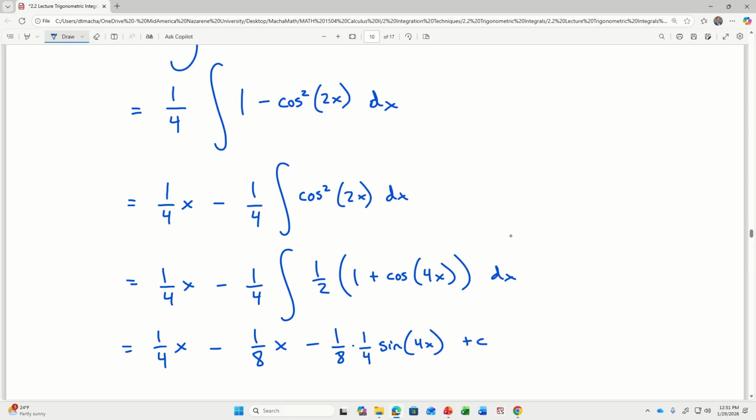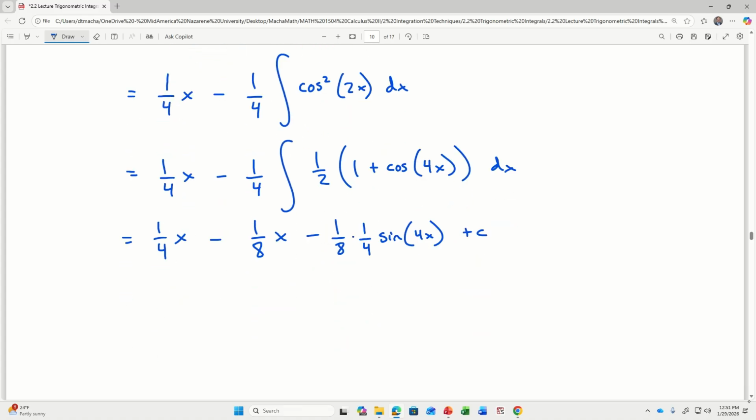So 1/8 times 1/4 is 1/32. All right, I think that's the answer.